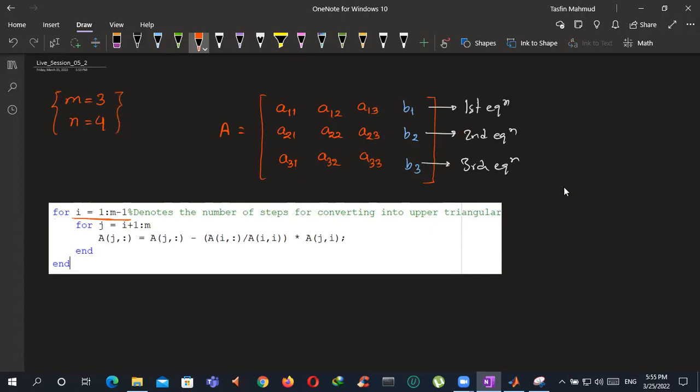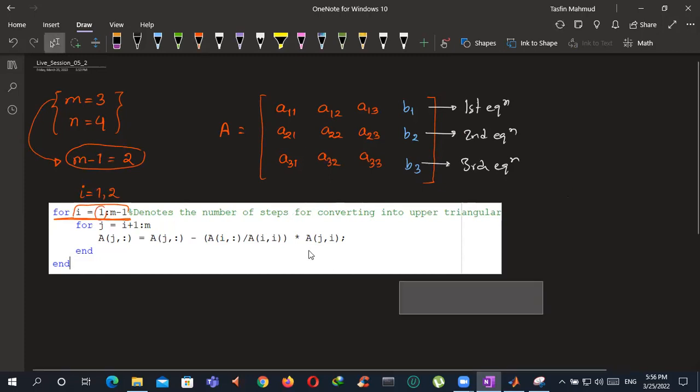So if you look at the first for loop, the first for loop is being executed for I equals 1 up to m minus 1. So m minus 1 actually represents what? We have the value 3 here. So 3 minus 1 is giving us 2. So the first for loop for this I is being executed for I equals 1 and 2.